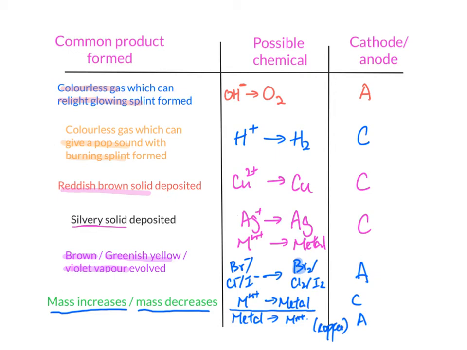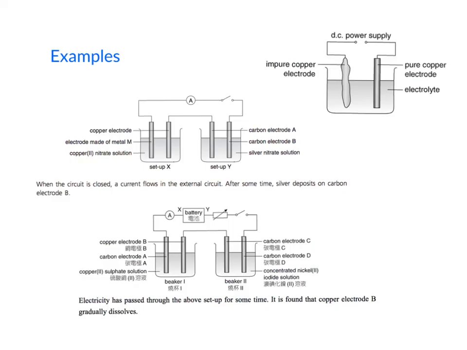So you can have a look at it. Let me give you a few more examples, very quickly. Silver deposits at carbon electrode B. You know that silver must come from a cation, so electrode B will be cathode. While for the other one, copper electrode B dissolves.